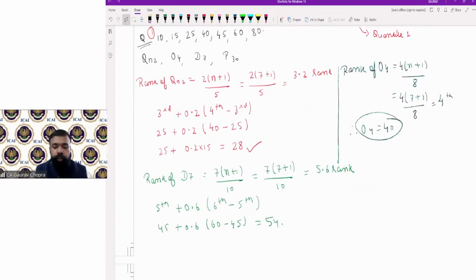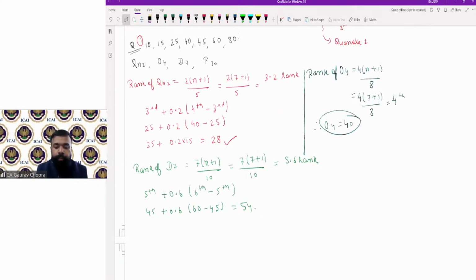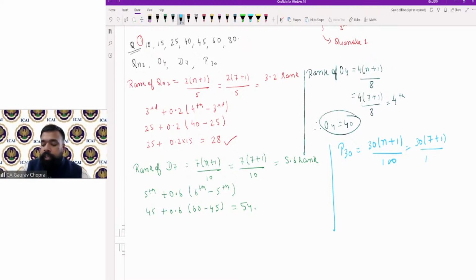Then the next one, P30 is required. For P30, the rank is 30 into n plus 1 by 100. So 30 into 7 plus 1 by 100. So what will be the result? The 2.4th rank. So for 2.4th, you calculate second plus 0.4 into third minus second.